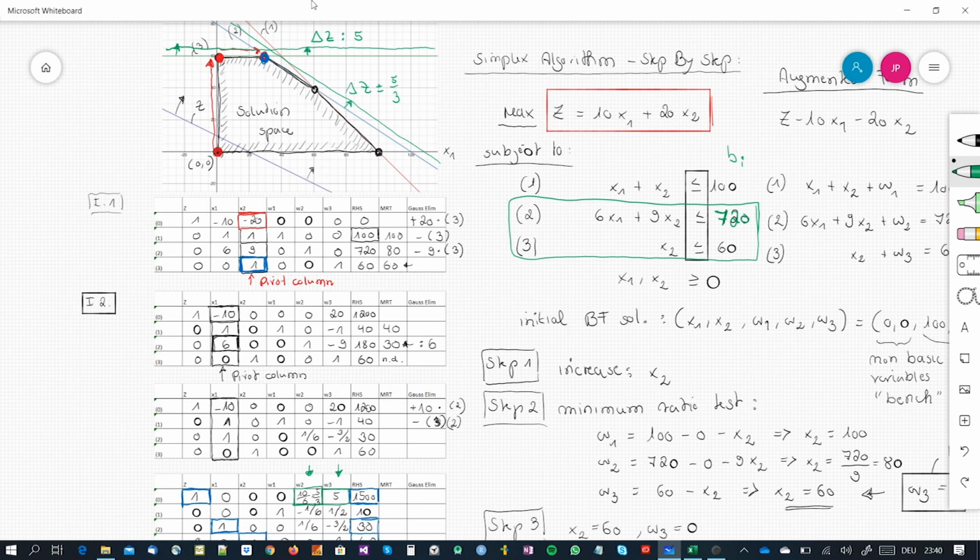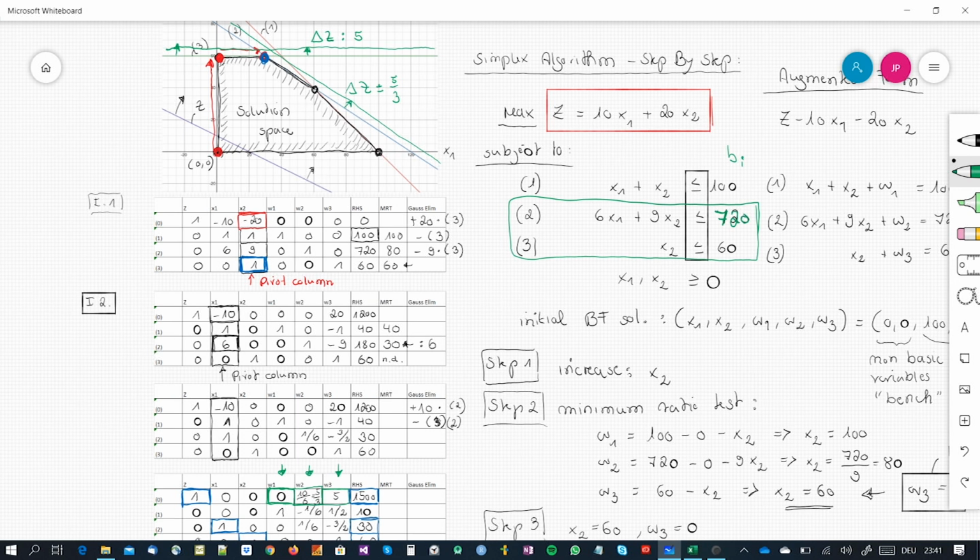Now a good question would be, if we increase 1 unit of the first constraint, would that have any effect on our objective function value? And once again, we can answer the question by our tableau by looking at the slack for the first constraint, and we see that the term here is 0, meaning that this constraint is not binding. So if we increase the capacity of that constraint by 1 unit, then we would gain no increase in the objective function value.